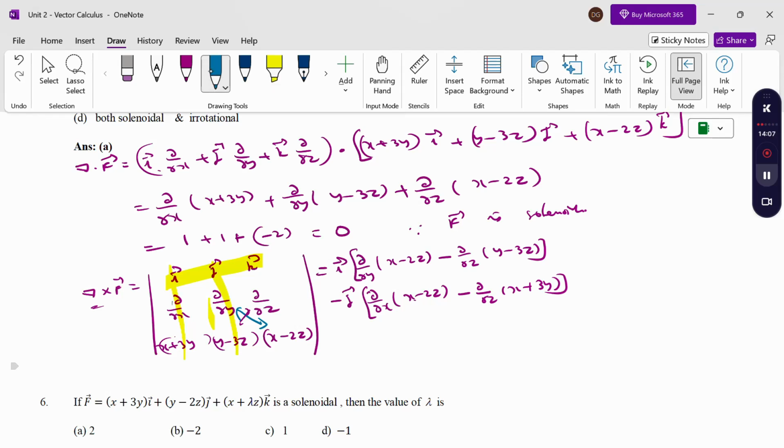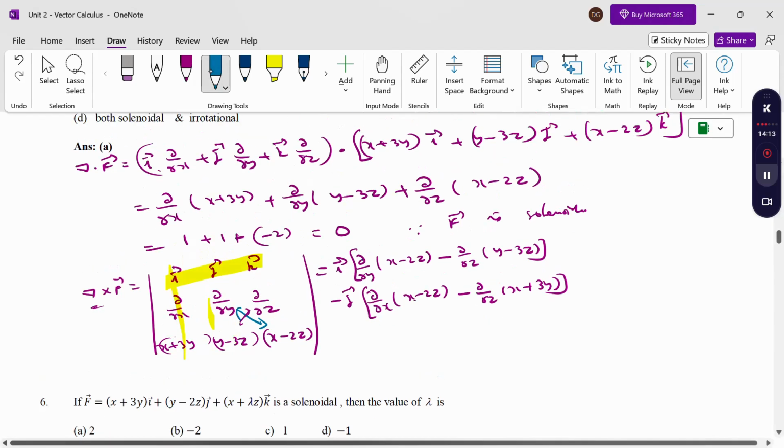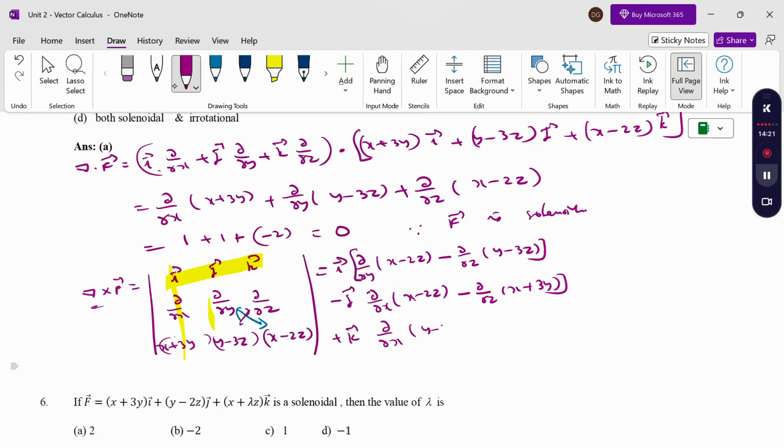Which part? This part, this part, and this part, this part. And the third one is k vector. So plus k vector into, leaving the column and row, ∂/∂x of (y − 3z) minus ∂/∂y of (x + 3y).